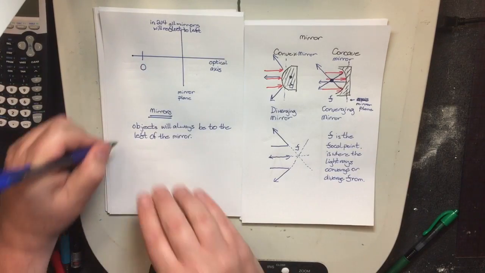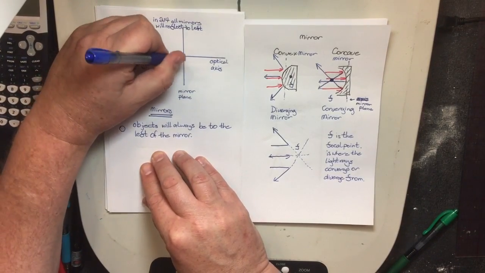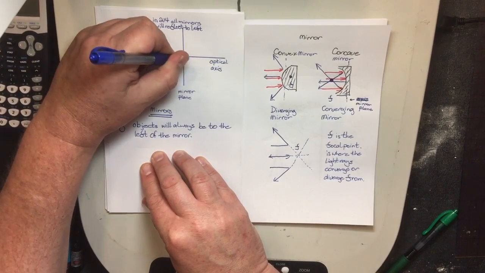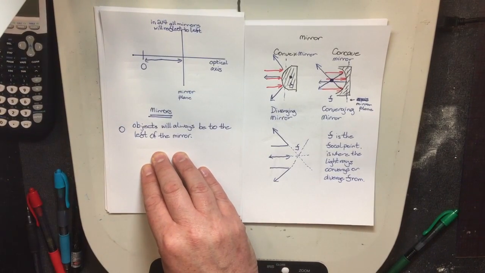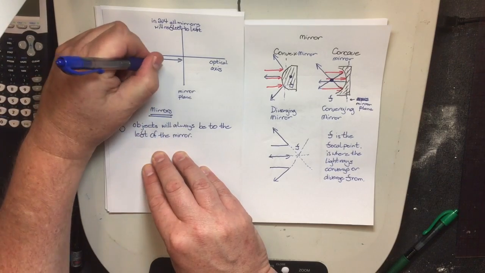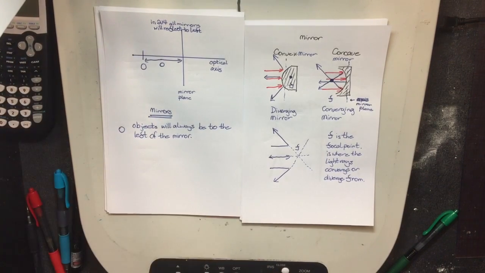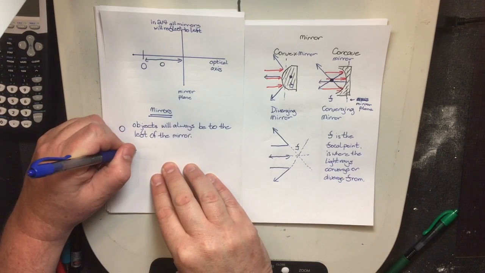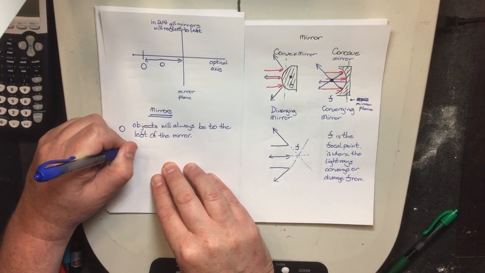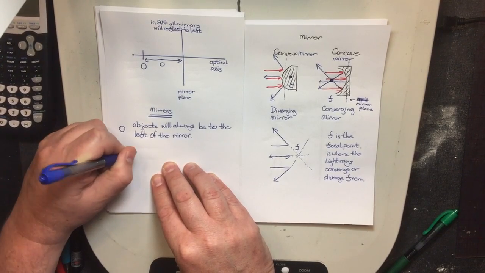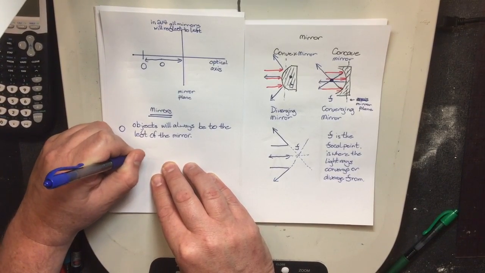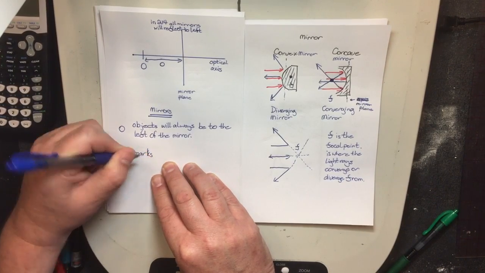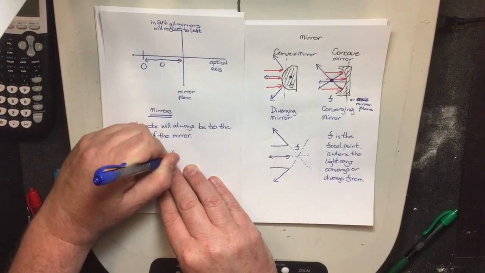The object will be over here. I mark the point with an O. The distance that I use, I call that O as well. So typically the object distance I mark with an O. Not a 0, an O. F marks the focal point.